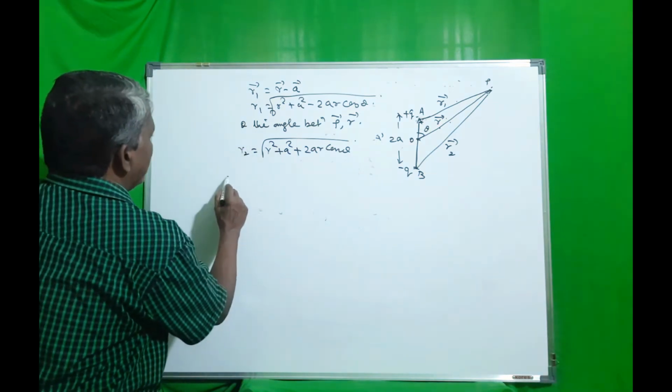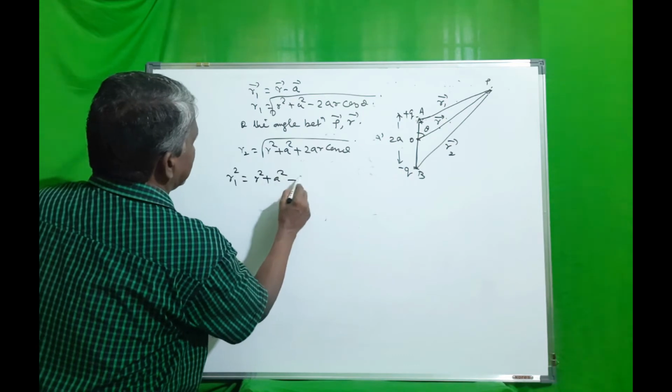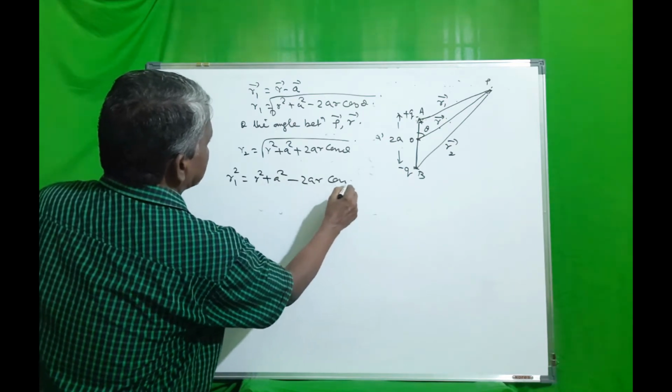Or you can take R1 square equal to R square plus A square minus 2AR cos theta.